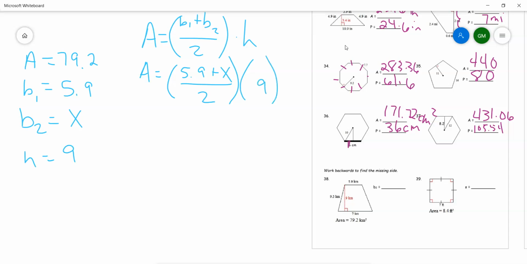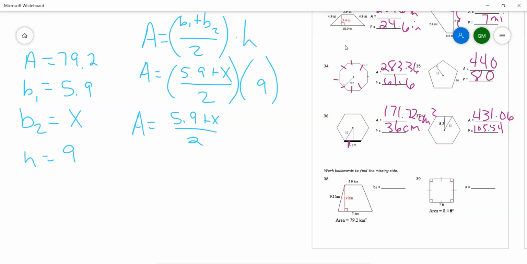And we could technically get rid of both the 9 and the 2 in one step, but to prevent confusion, I'm going to do those in 2 separate steps. So I'm going to get rid of the 9 first. So we have 5.9 plus x over 2.